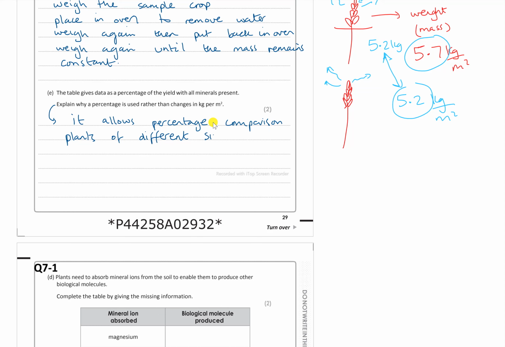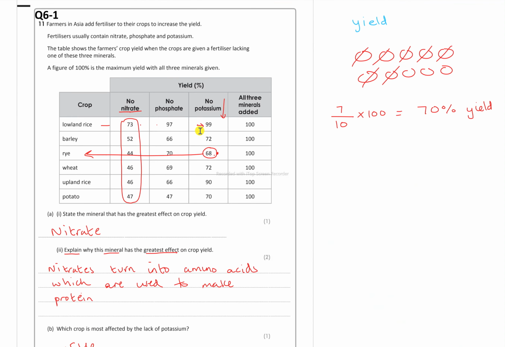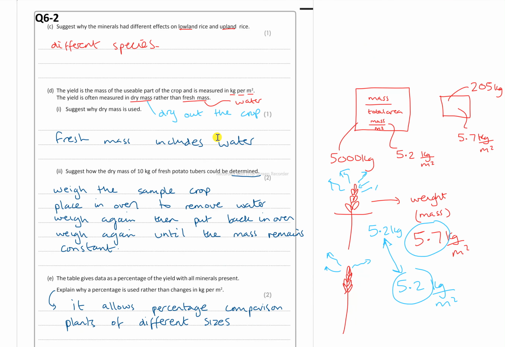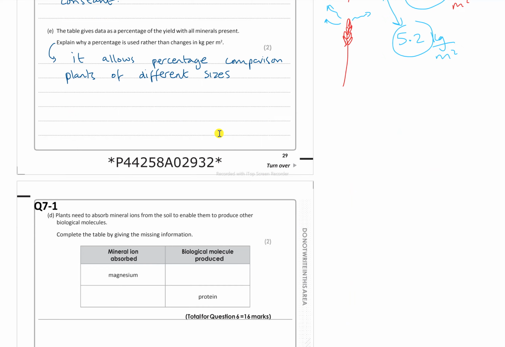Plants can be of different sizes or masses. So we just want to compare the effect as a percentage. So what was it originally? By adding the fertilizers, what impact has it had on the percentage? There's a percentage difference. It makes for a more fair or valid comparison.